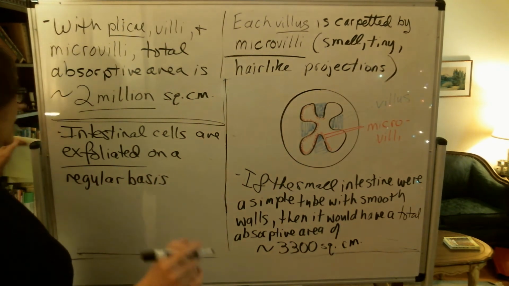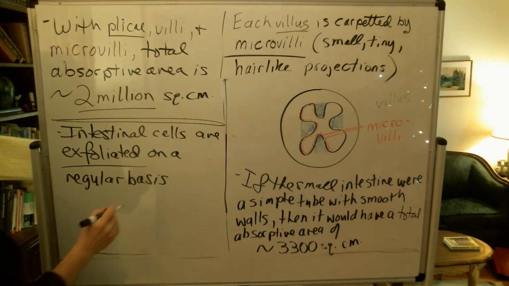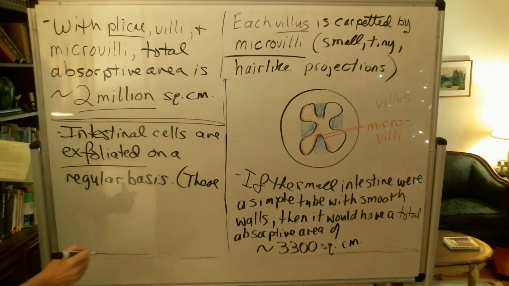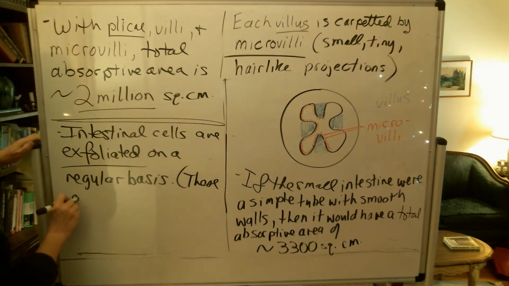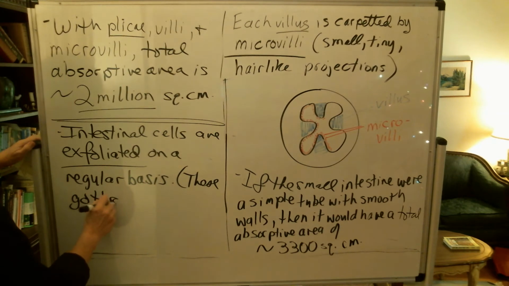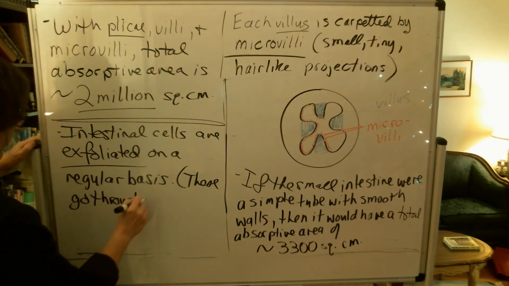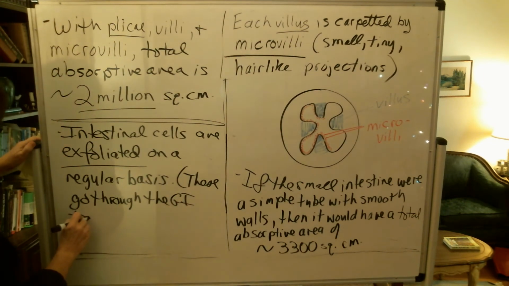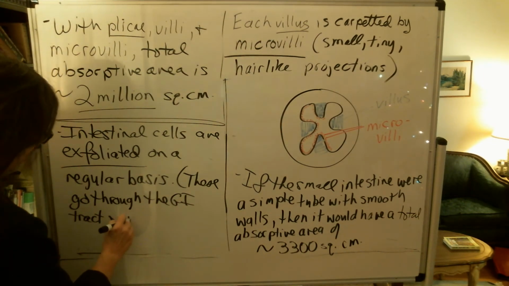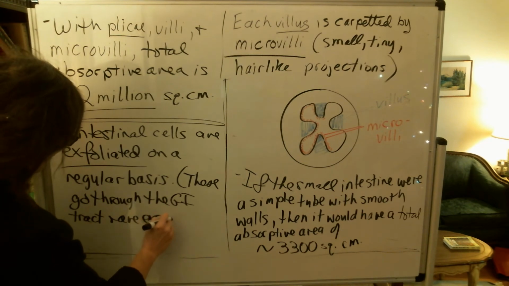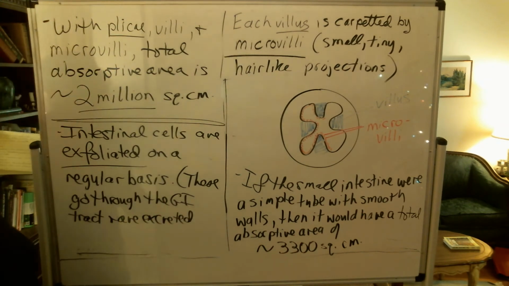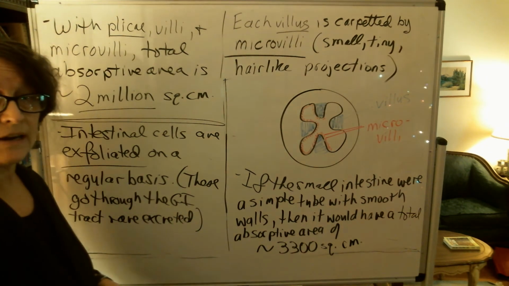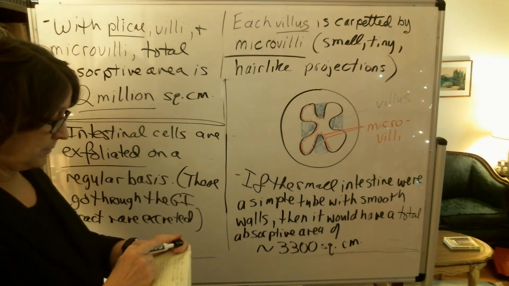They live, they die, they get sloughed off. And these then simply go through the GI tract and are excreted. Basically, they just follow along with the chyme that's in the GI tract and wind up being excreted.